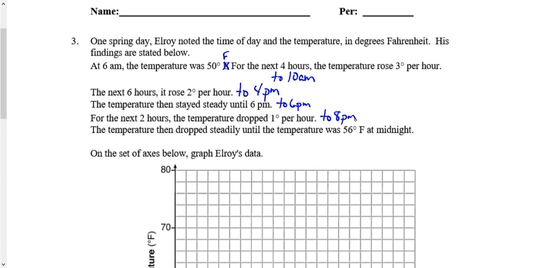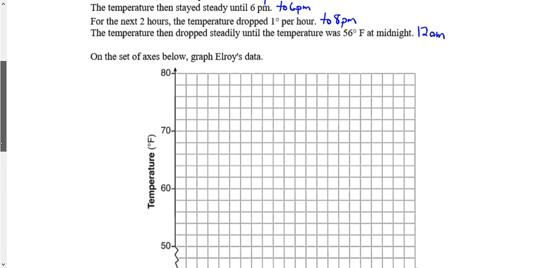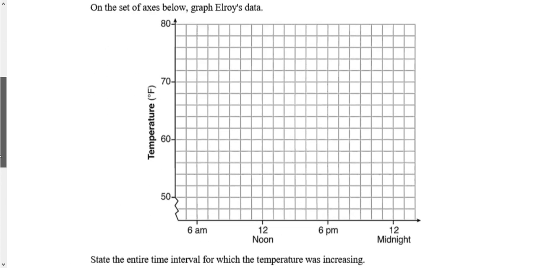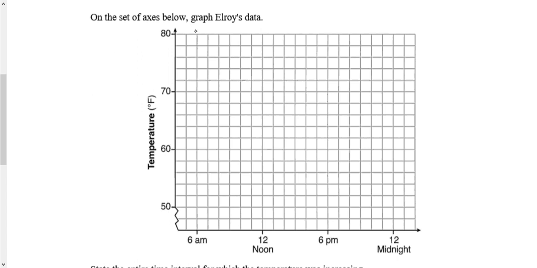Okay? And the temperature steadily drops until midnight. Right? That's 12 a.m. So I'll put my lines in there. So from 6, actually one there because it doesn't start right, to 10.